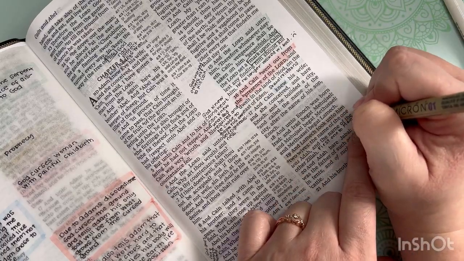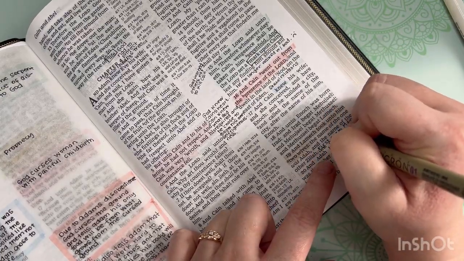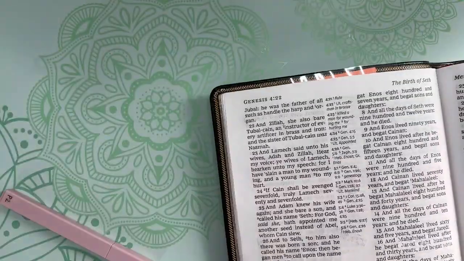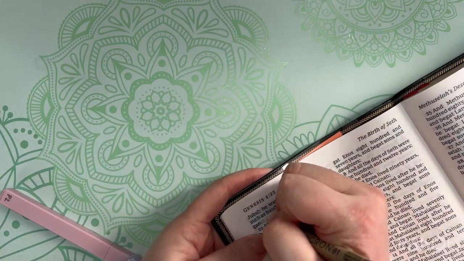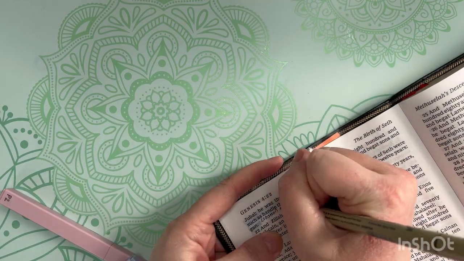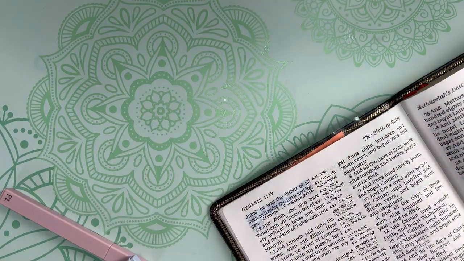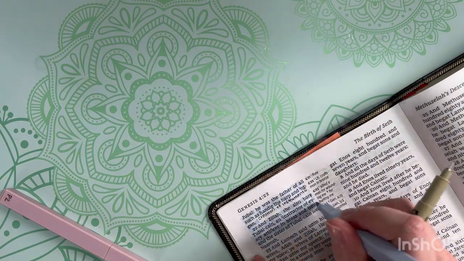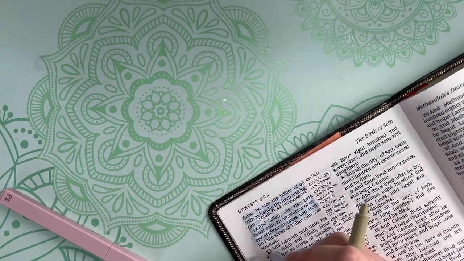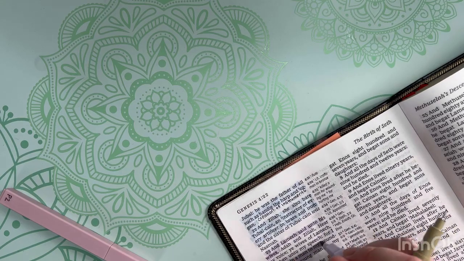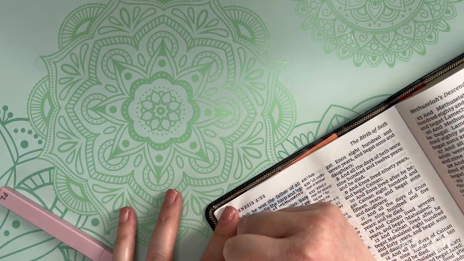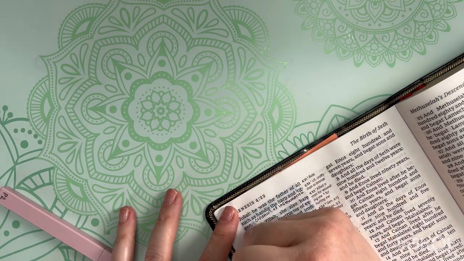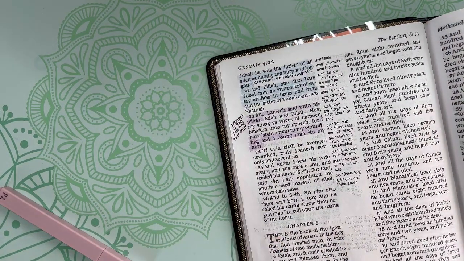And in verse 19, I highlighted, and I said the first one to marry into polygamy was Lamech. And I highlighted verse 21 and verse 22, and I wrote a note of creation of instruments. I highlighted verse 23 and said that Lamech was the second person to murder that we know of.